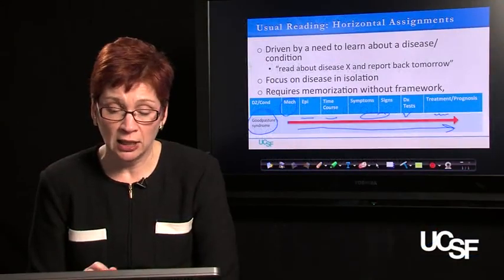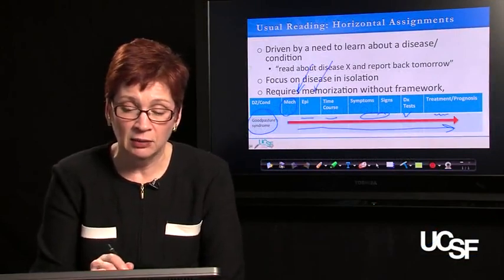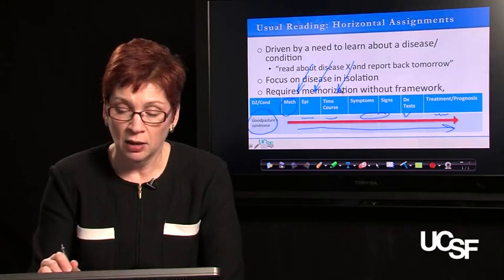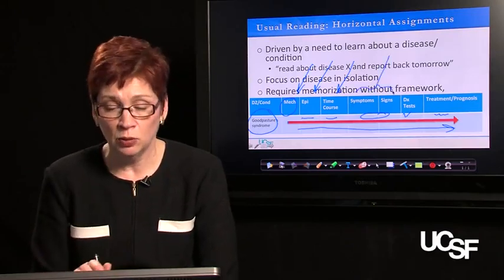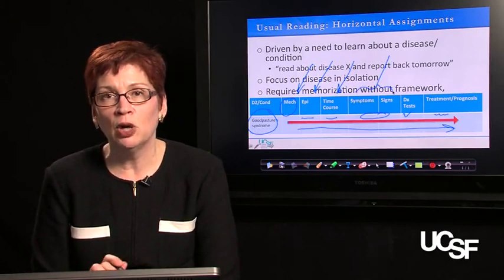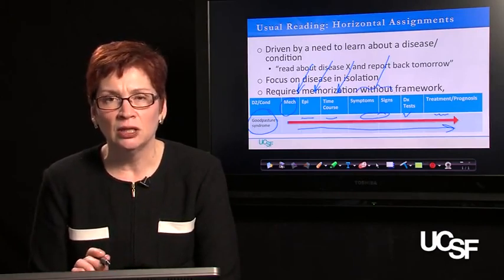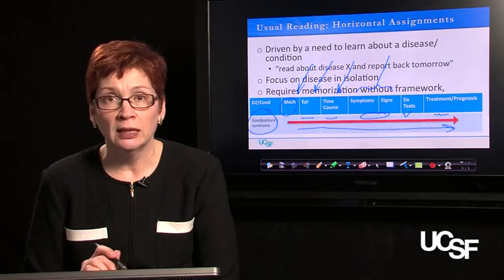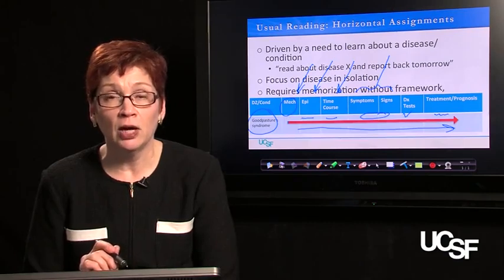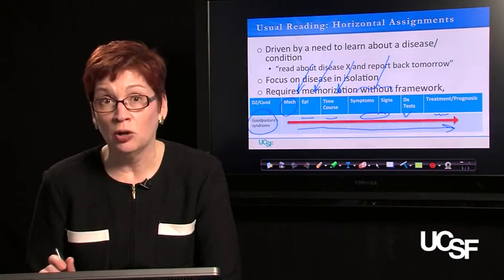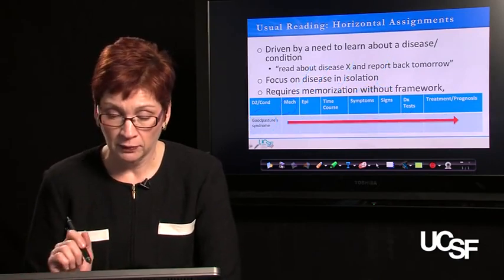Now, those of you who are paying attention recognize that these elements we talked about here are our core components of illness scripts. So we do want to learn about this, but we don't want to learn about it in isolation, just for Goodpasture syndrome, without consideration of how other diseases might look like Goodpasture syndrome, but be something different.